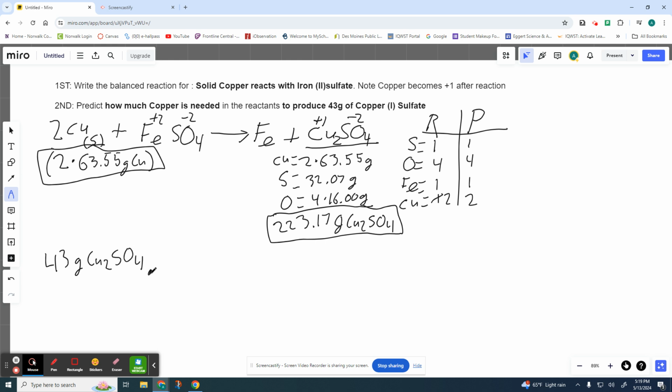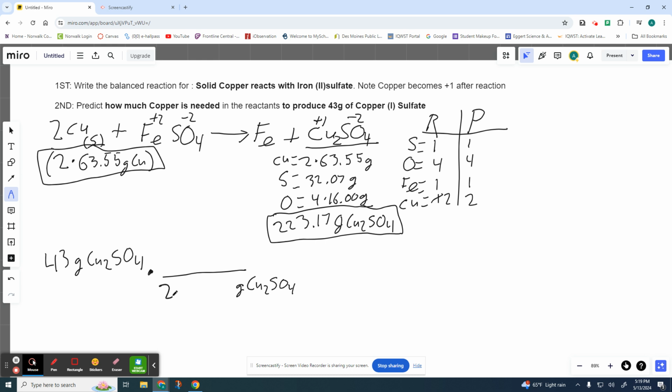And I want to convert from grams of copper 1 sulfate back over to regular copper to see how much I need to react to get 43 grams of the copper 1 sulfate. So I know down in the denominator, I'm going to have to put grams of copper 1 sulfate and steal the reading from our little recipe in the reaction.